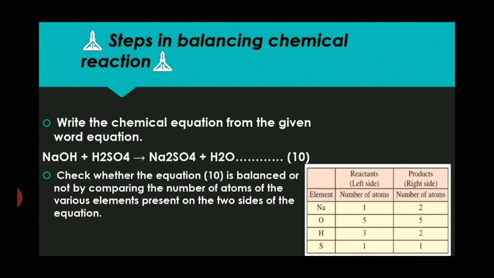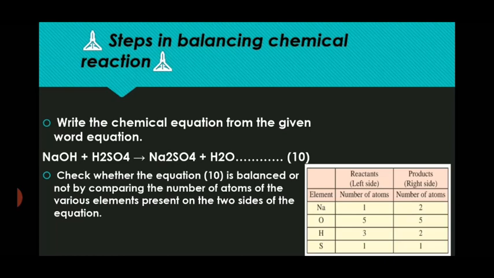So we have to check the number of atoms on the left hand side and the right hand side. First the left hand side. Na is 1. Oxygen is 1 plus 4, that is 5. Hydrogen is 3. And sulfur is 1.